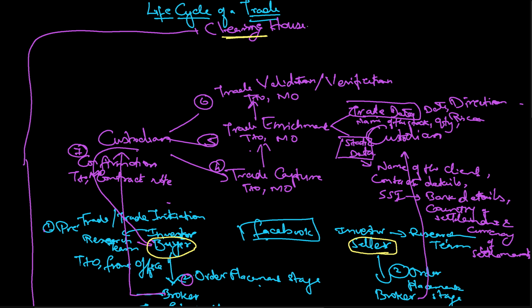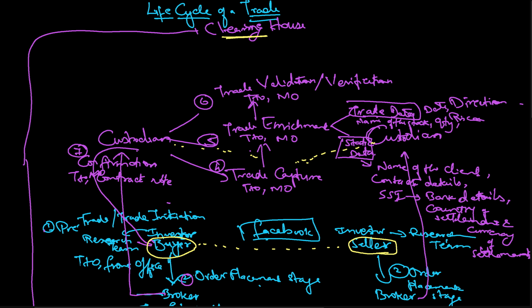In India, the National Securities Clearing Corporation Limited, NSCCL, acts as the clearinghouse. This clearinghouse takes up the counterparty guarantee. That means this buyer's custodian and this seller's custodian are not directly talking to each other.